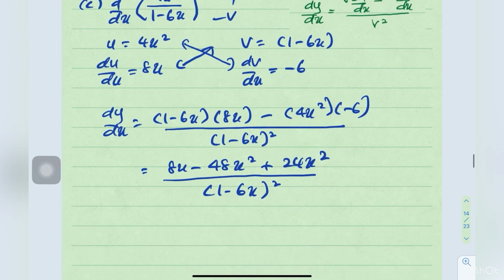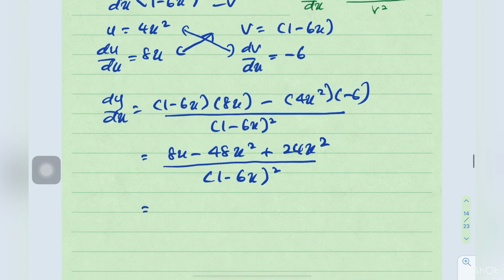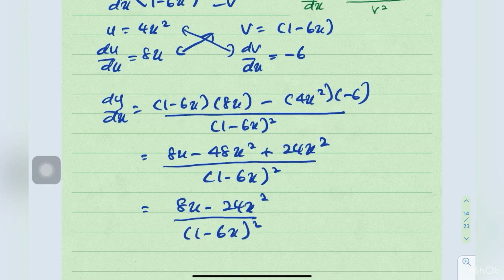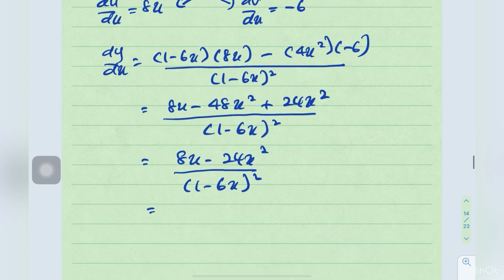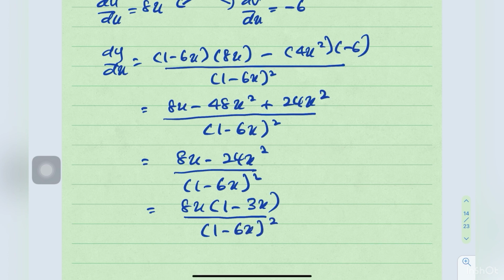Okay, so this one we simplify, we get 8x minus 24x squared. Okay, this one we can factorize 8x. So 8x(1 minus 3x) over (1 minus 6x) squared.